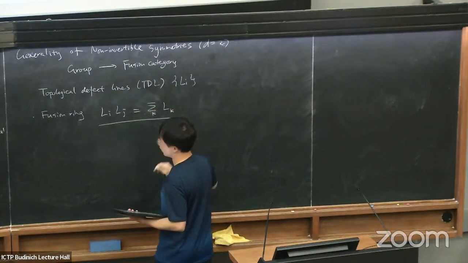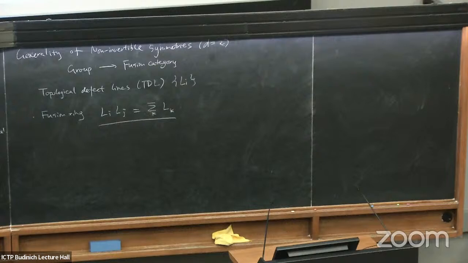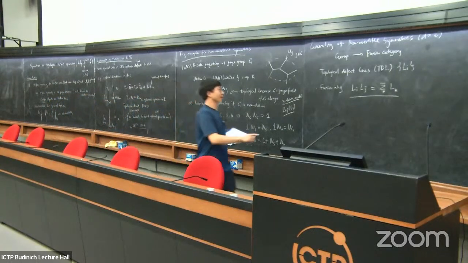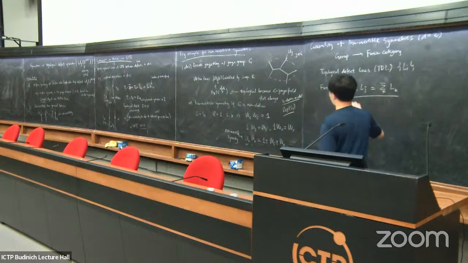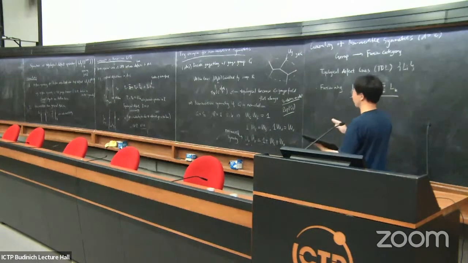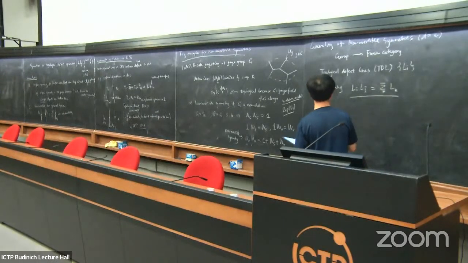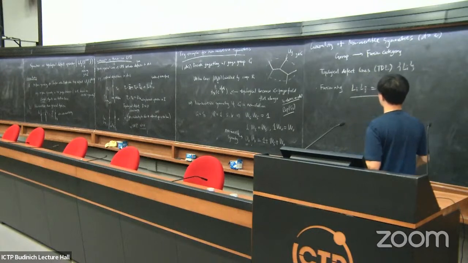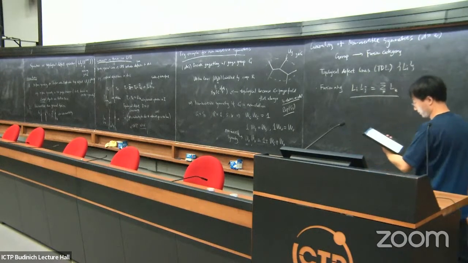And when I write an equation like this, it should always be interpreted in this way. You are taking these topological defect lines to lie on manifolds which are homologous, and you're taking the limit where they approach one another, and you decompose this configuration into the individual topological defect lines.